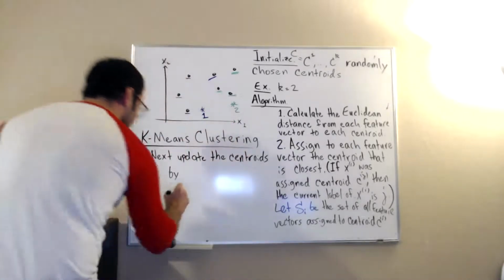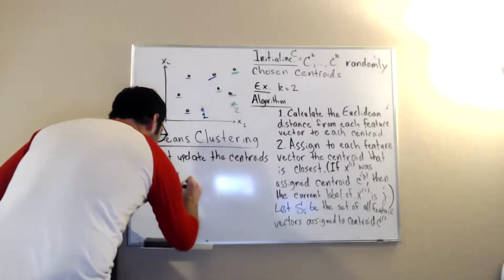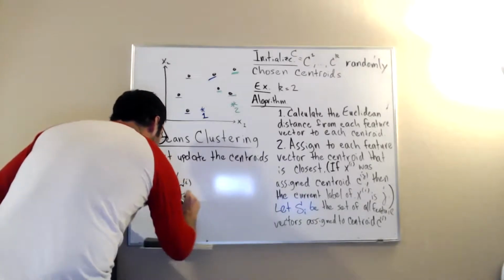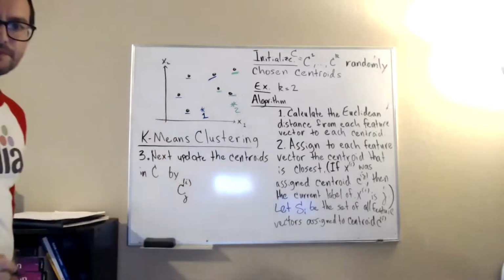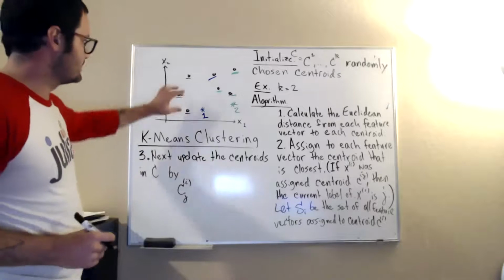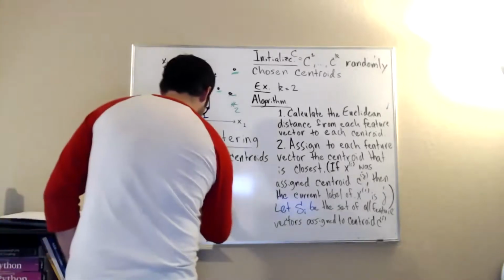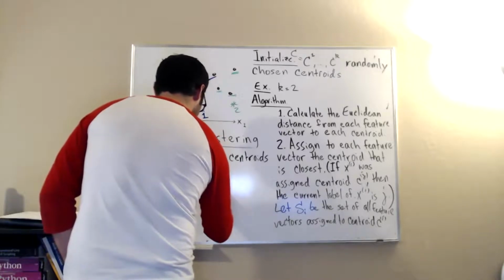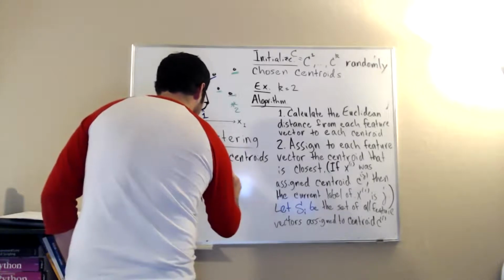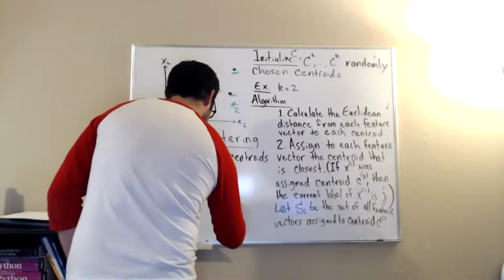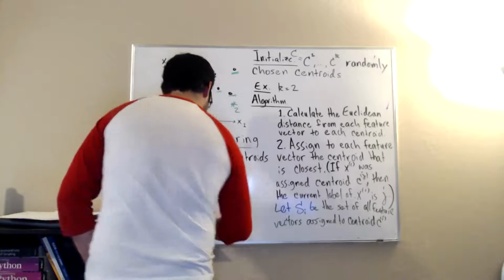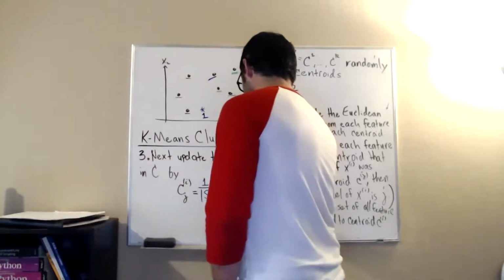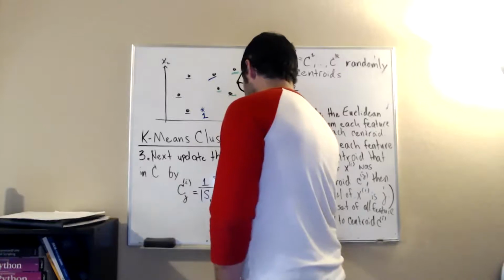So we're going to say centroid Ci entry j. Note that Ci is a vector. In this case, it's a two-dimensional vector. This is going to be equal to 1 divided by the magnitude of Si times the sum, where x belongs to Si, of xj.